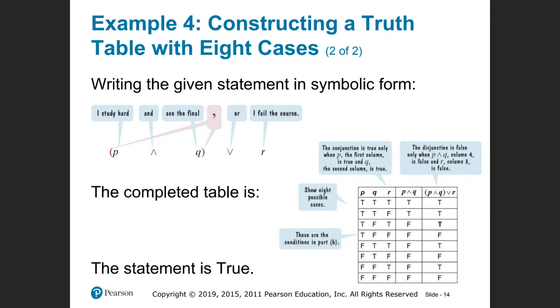For the fourth line, both are false. So this is an instance where they're false. For the next line, R is true, P and Q is false, so it's going to be true. Next line, both are false, so it's going to be false. For the next line, R is true and P and Q is false, so it's going to be true since one of them is true. And then for the last one, both are false, and so it'll be false. So the statement is true.